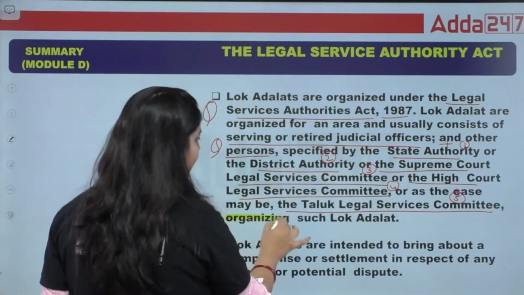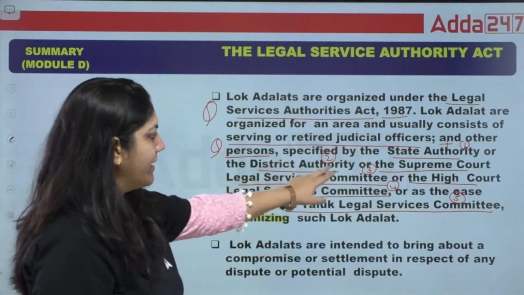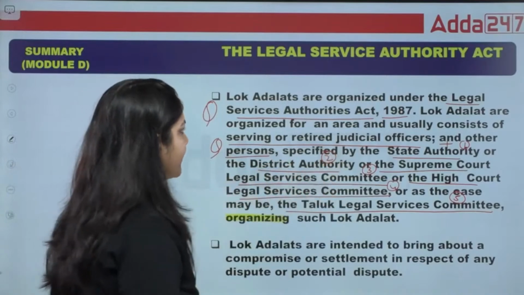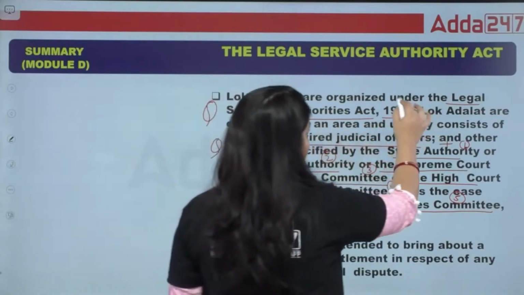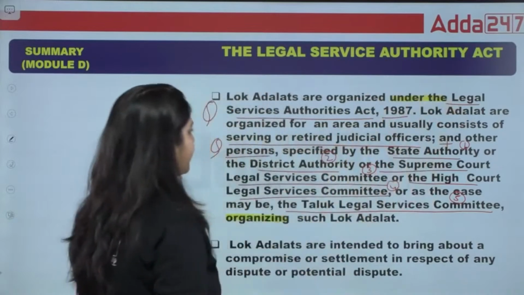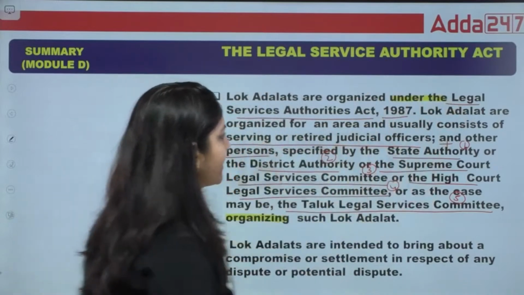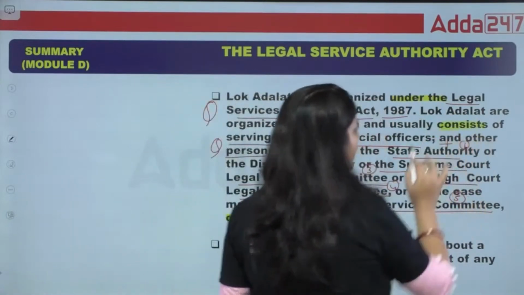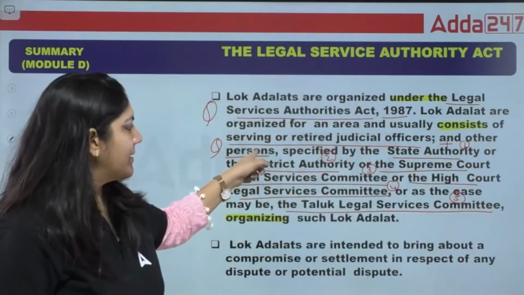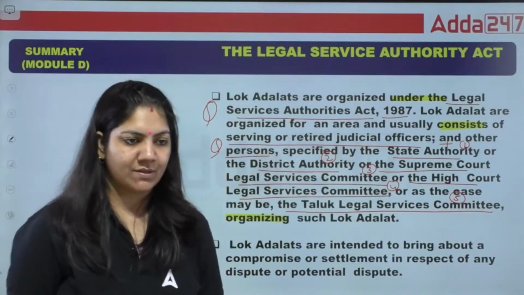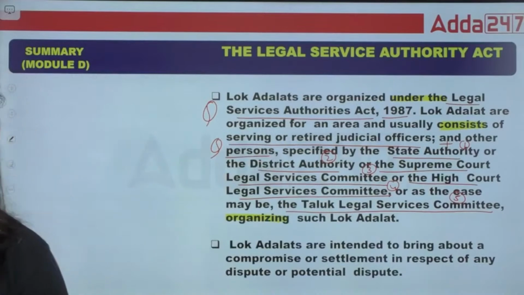Who organizes? 2 authorities, 3 committees have the power, right? Lok Adalats come under this act, and usually consist of retired and serving judges plus other persons. That's it. So please see the paragraph. This is important, guys.